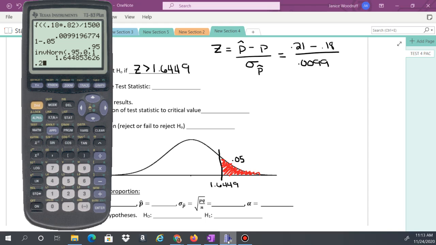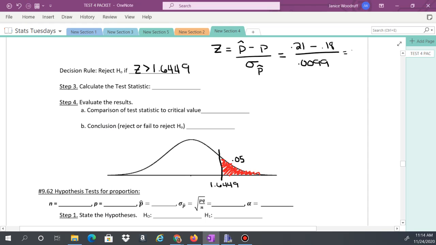So 0.21 minus 0.18 over 0.0099 gives us 3.0303. Okay, so my test statistic is a Z value of 3.0303, which means it goes all the way over here in my rejection region.